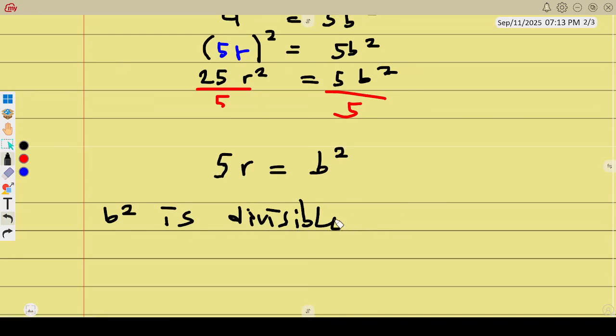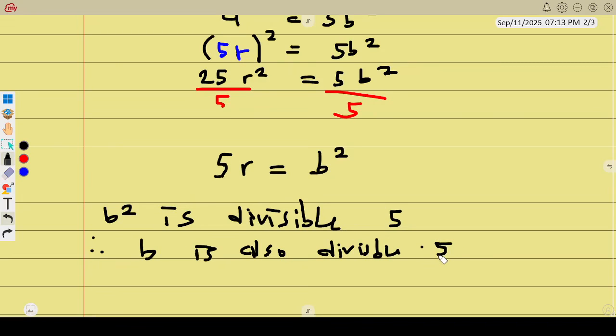So b squared is divisible by 5. Therefore b is also divisible by 5. Yeah, so if the big brother can eat 5, also the little brother can eat 5. That's what it means.